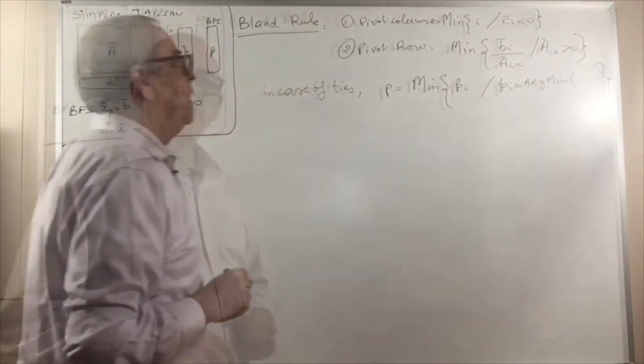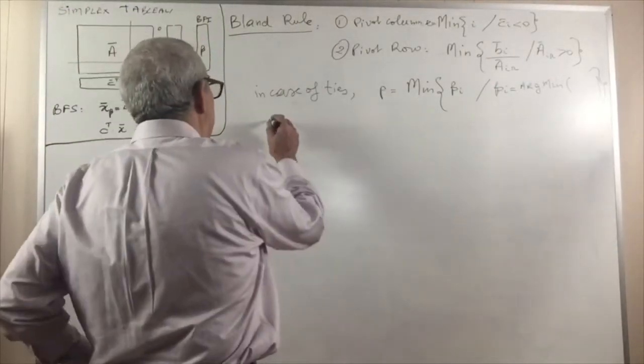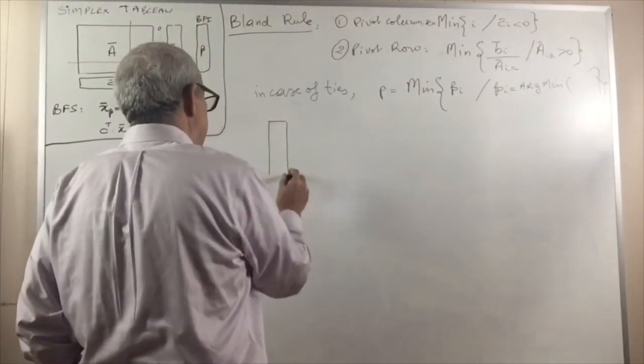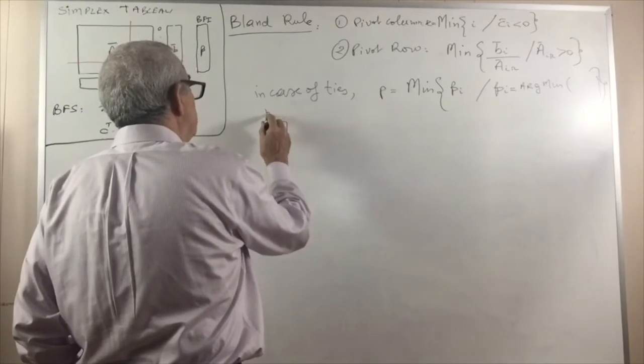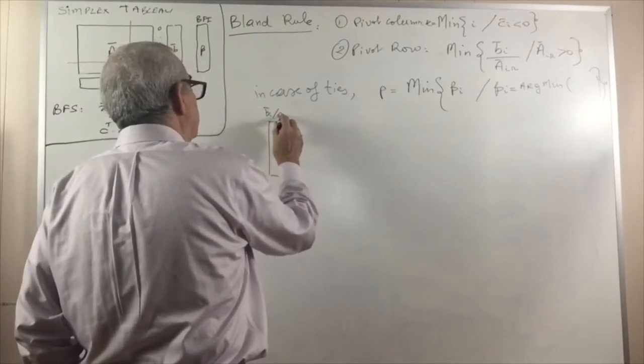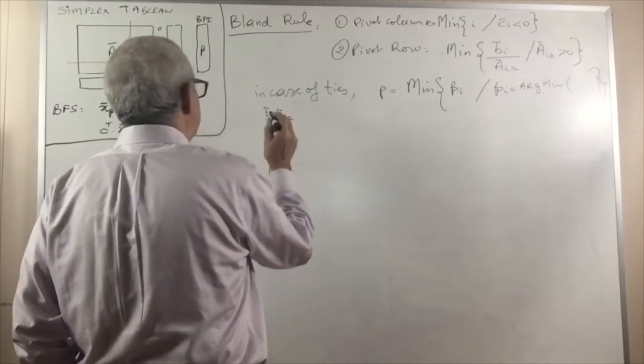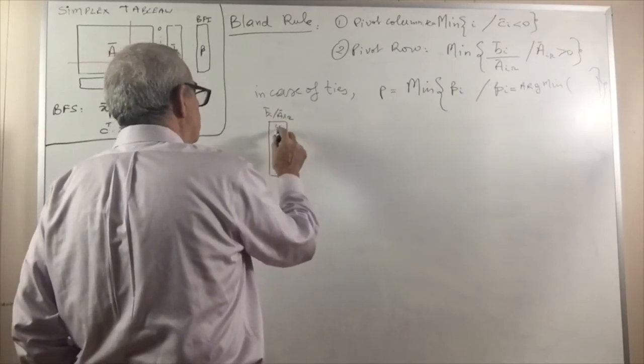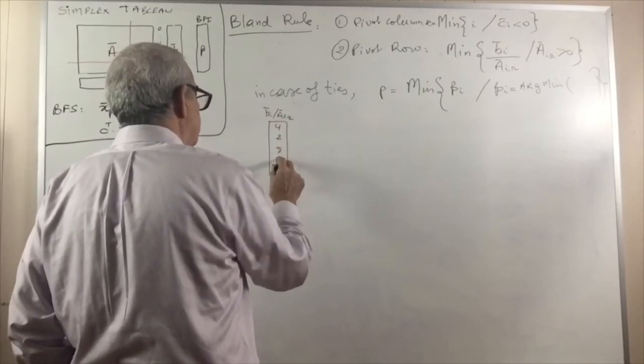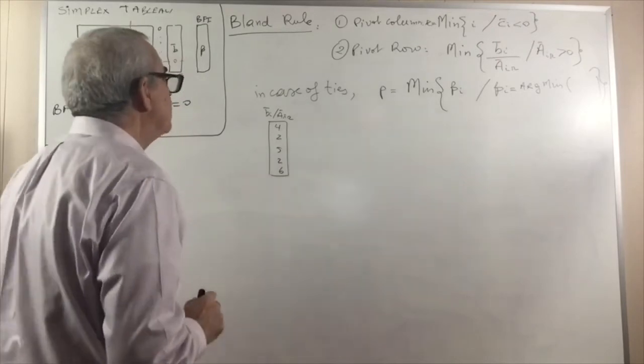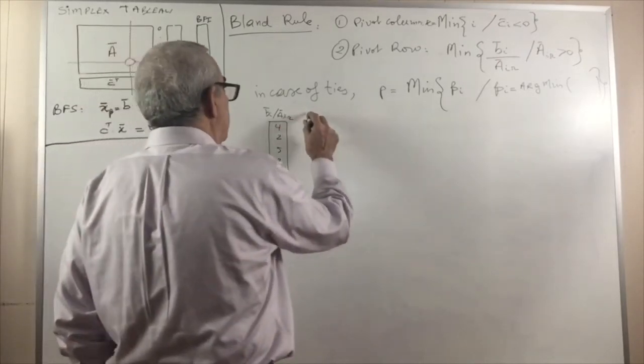Okay, let me give an example. Suppose that here are my ratios, B bar of I over A bar of I R. Let me pick some examples. So let's see, 4, 2, 5, 2, and 6. Okay, and let's put the BFI right here.